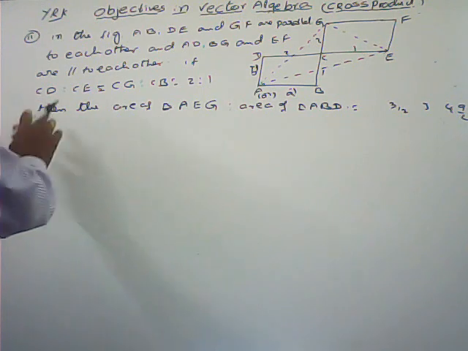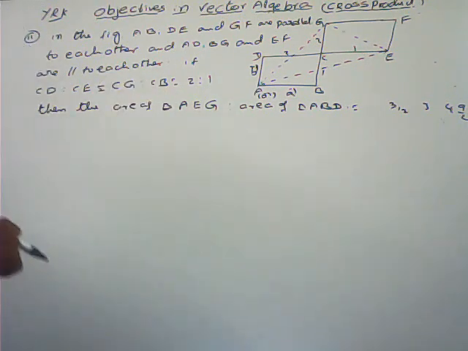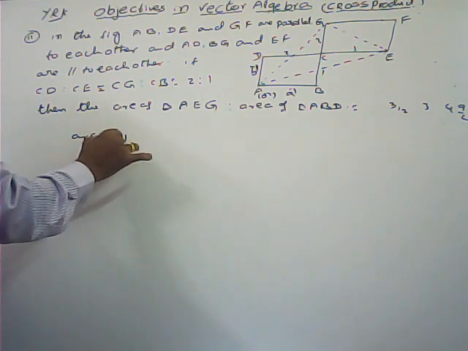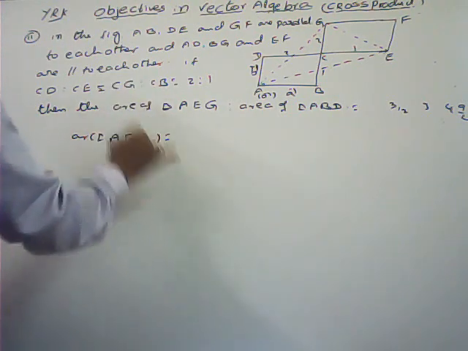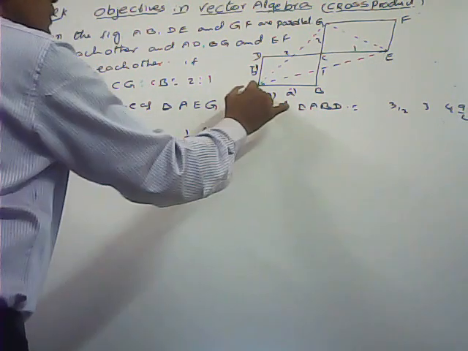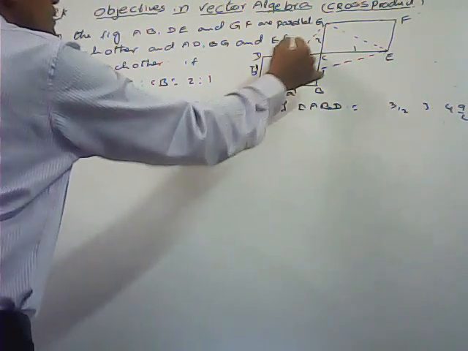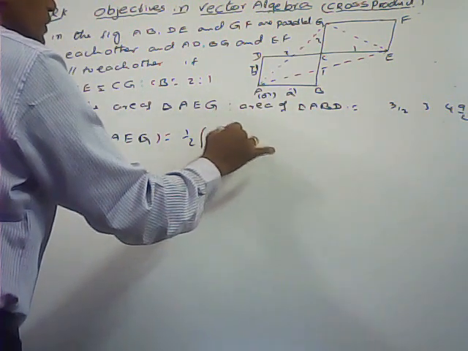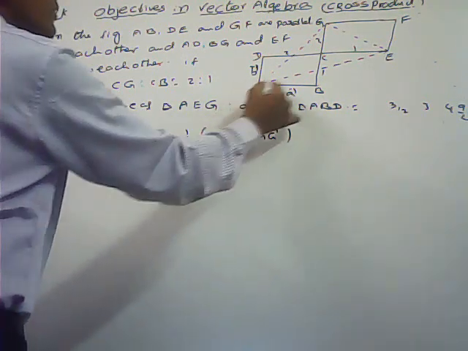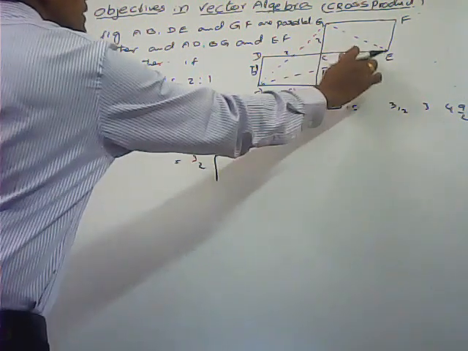So what they are asking is the area of triangle AEG is to the area of triangle ABD. First I am finding the area of triangle AEG, that is equal to half into AE bar cross AG bar, considering A as the origin. AE bar is AB plus BC plus CE only. Here C divides D in the ratio 2 is to 1.